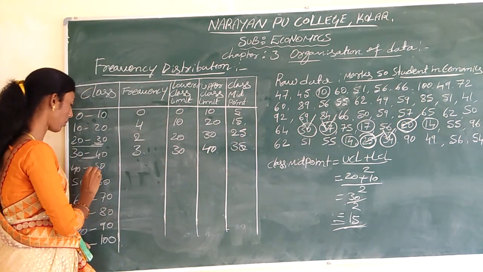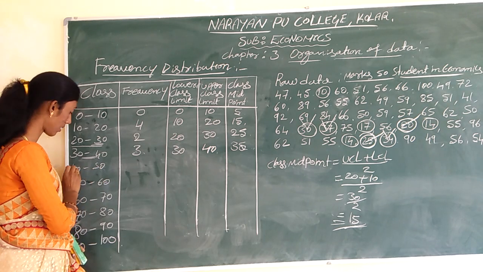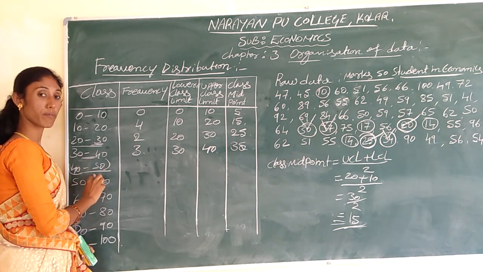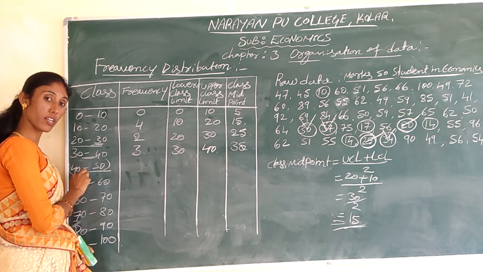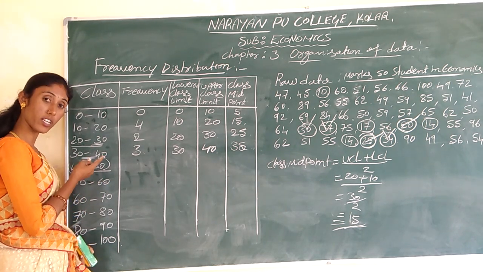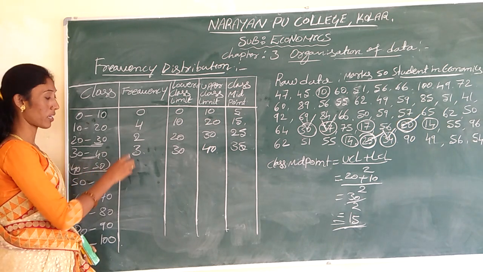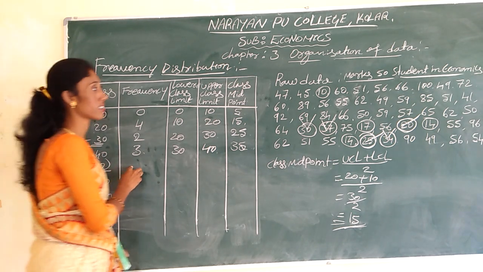And one more class is nothing but 40 to 50. Here the values including 40 and more than 40 and below 50 will be considered as the frequency of this particular class.